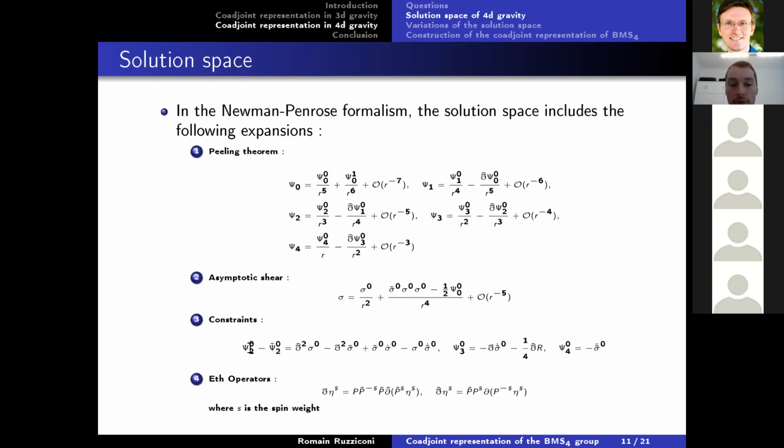You will also have some constraints on the coefficients appearing in this expansion. And finally, you will have this eth operator, which plays an important role in the Newman-Penrose formalism, and that appears naturally here in the expansions of the elements of your solution.